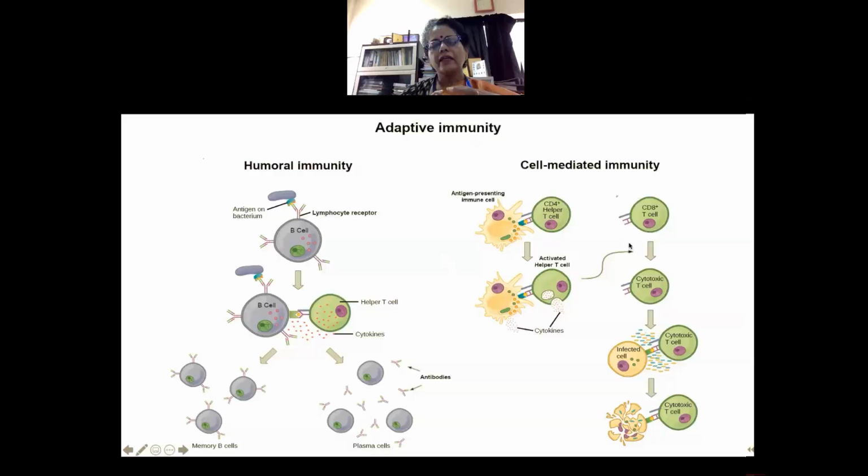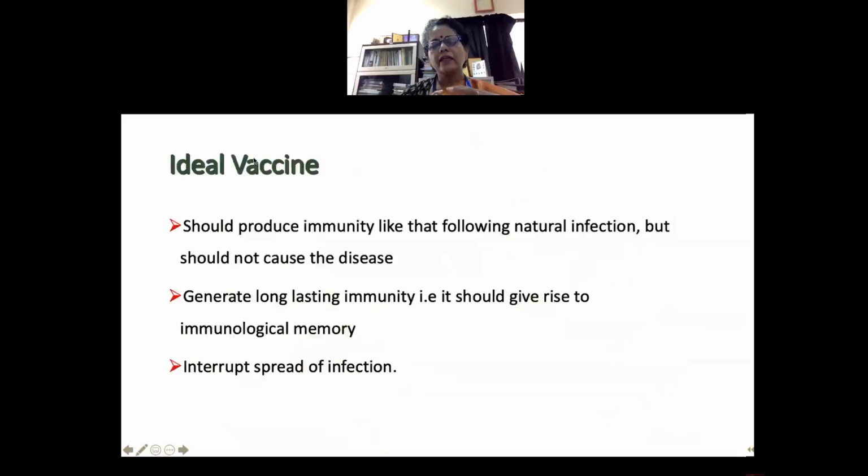So an ideal vaccine course is to interrupt the disease.